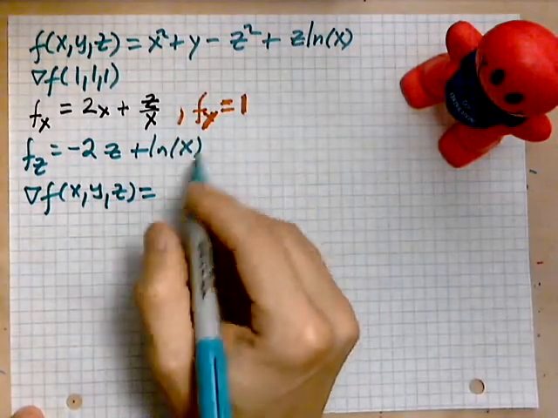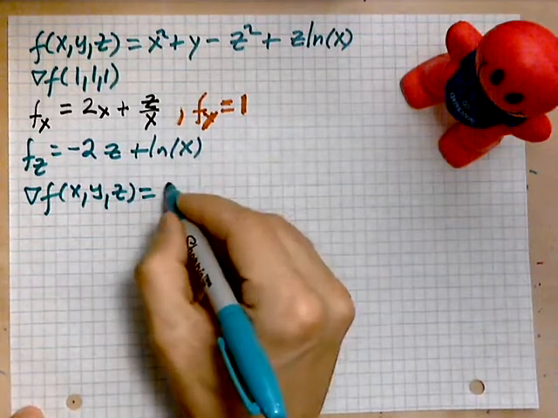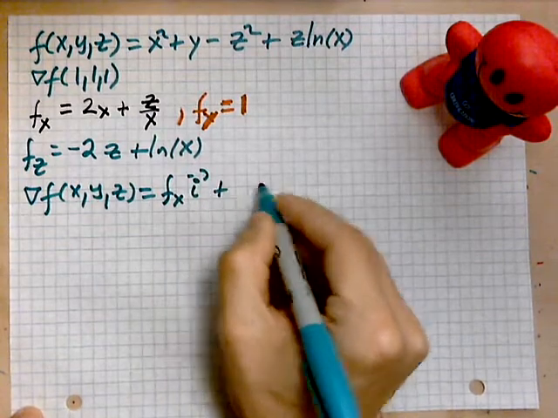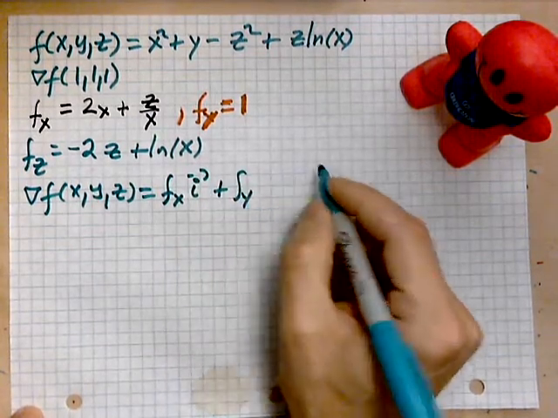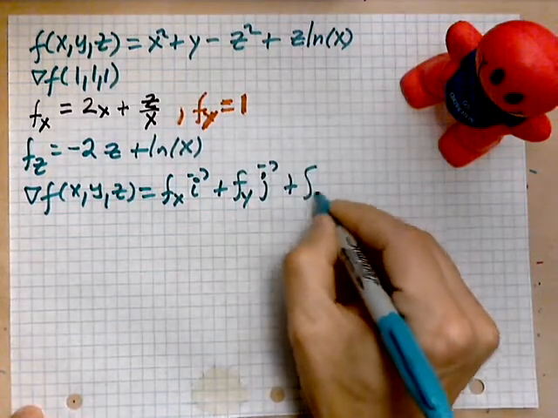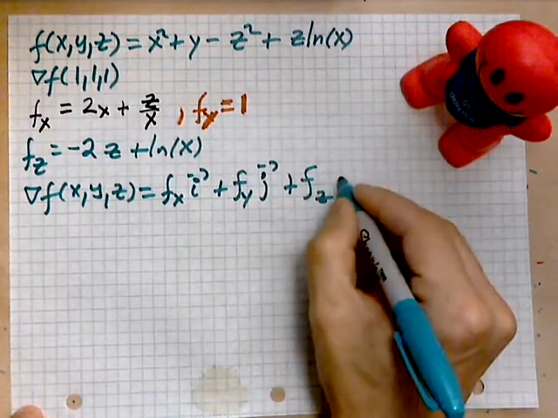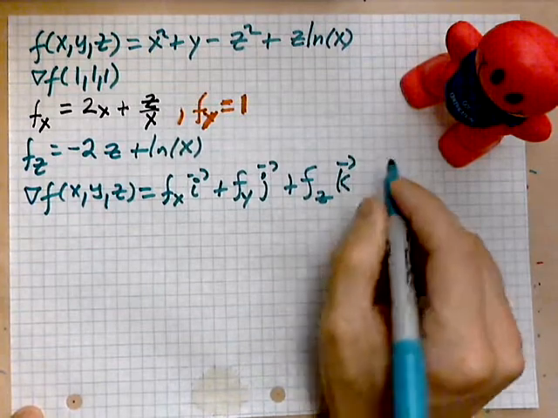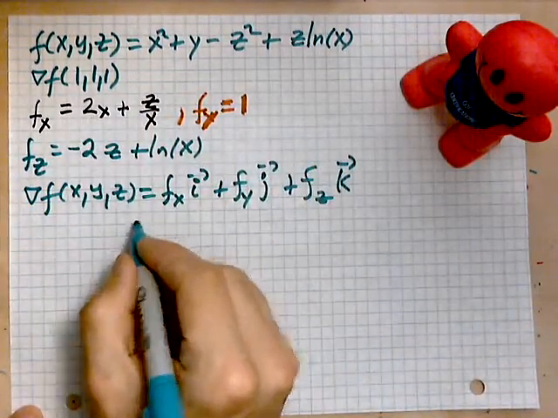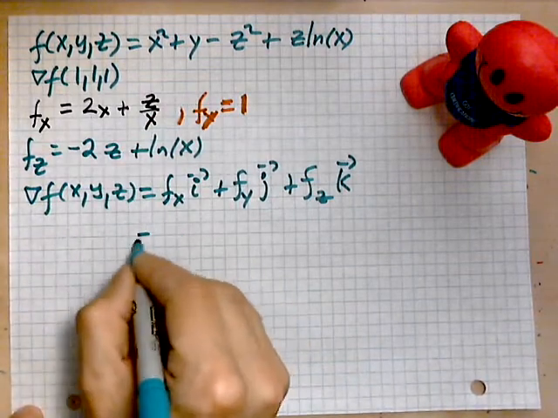By definition, we need this quantity, then that quantity, and the last one is that one. So you're plugging the partials into the components of the gradient. Let's do that right now.